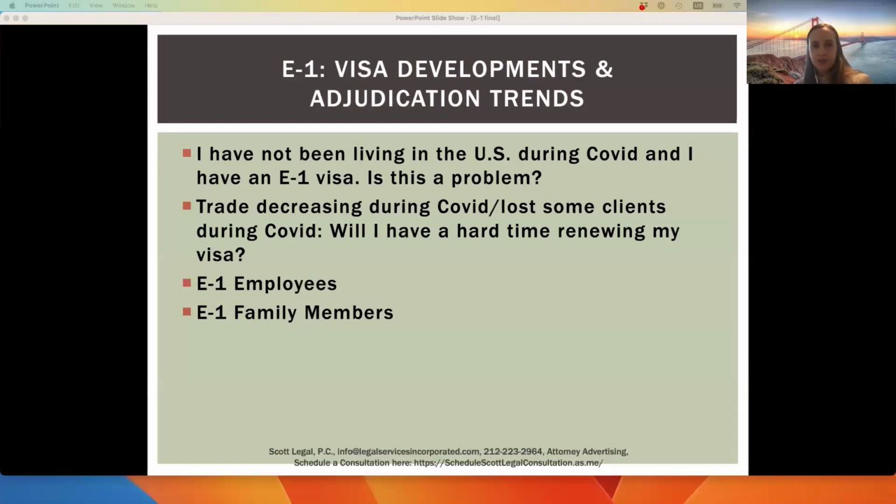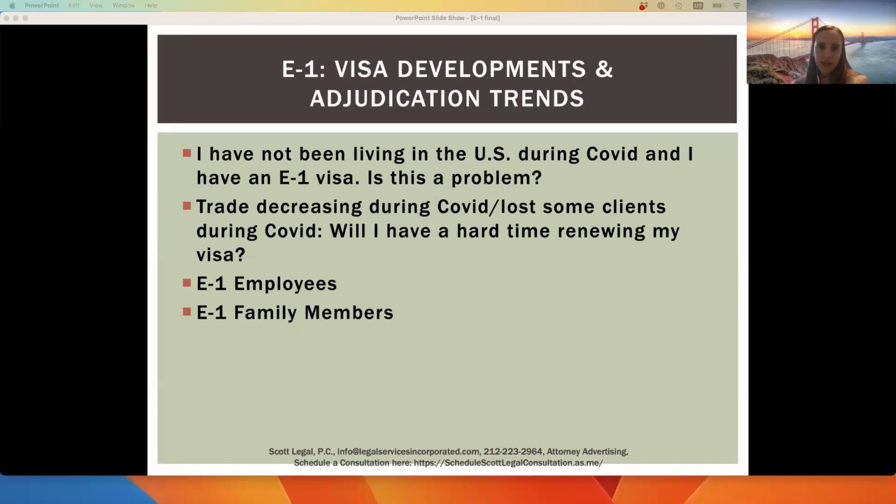And another thing I wanted to mention is that certain family members can also get E-1 visas. So if you are applying for an E-1 treaty trader or even the E-1 employee visa, your spouse can get an E-1 spousal visa, and your children who are unmarried and under the age of 21 can also get E-1 visas.